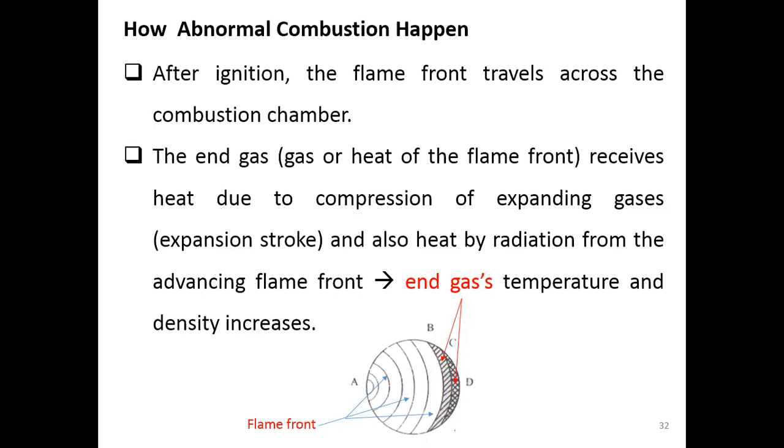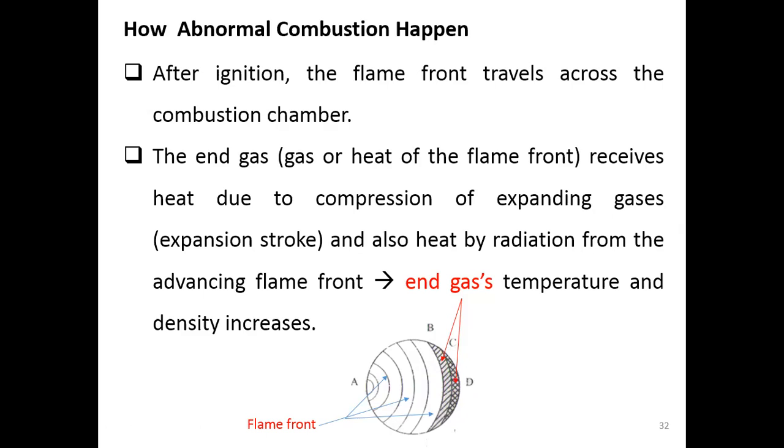The second heat that the end gas receives is from the radiation from the advancing flame front, because the flame front keeps traveling. So the end gas receives radiation heat also.